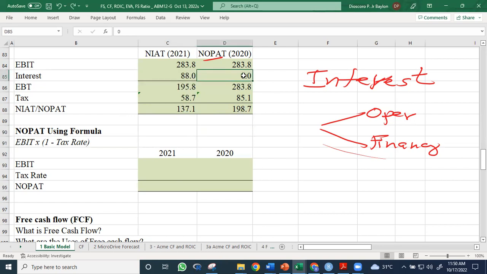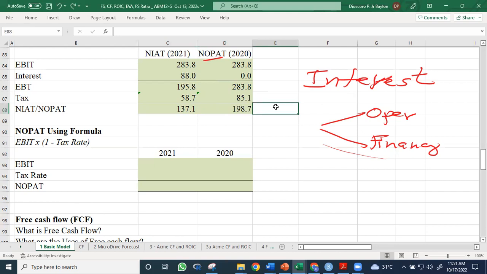We cannot say that NOPAT is equal to zero, because really NOPAT, if the interest expense in NOPAT is equal to zero, ang magiging equal sila if there's no interest expense, so that your NIAT will have an interest of zero. Okay. All right. So I hope that's clear, class.